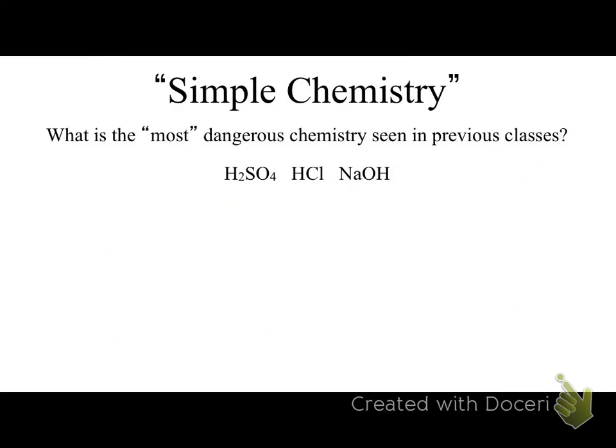Acid and base chemistry is the simplest chemistry that we could work with. Any guesses why that might be, or any hints as to why you may think that it's the simplest chemistry? What chemistry did you do in Gen Chem? Acids and bases. So acid-base chemistry is fairly easy to do, very replicable.